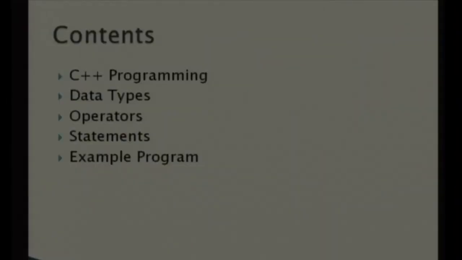In this session, we will try to revisit what we are going to use in C++ programming as basic constructs. We will try to define what C++ programming means for us as a student, and C++ programming in general. Then we will discuss some basic data types available in C++ programming.